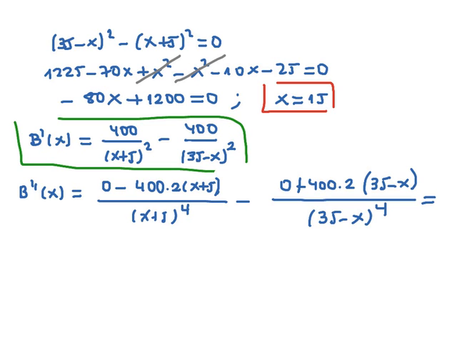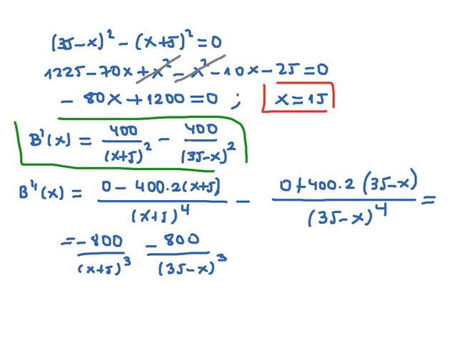So we get minus 800 over (x plus 5) cubed minus 800 over (35 minus x) cubed.